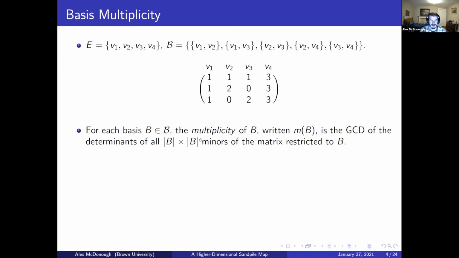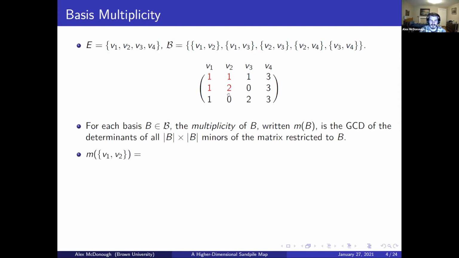But for now, since we're working with these representable things, the multiplicity of each basis is going to be the GCD of the determinants of all rank by rank minors when we restrict to the basis. So if we want to find the multiplicity of this first basis, we're going to take all 2 by 2 minors and find their determinants. This determinant is going to be 1. This is -1, and this is -2. So we have 1 as our GCD.